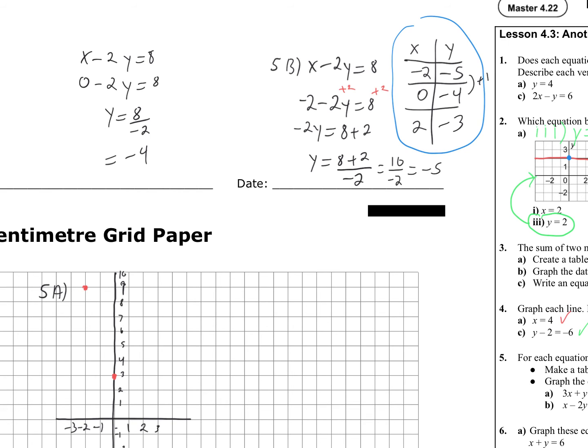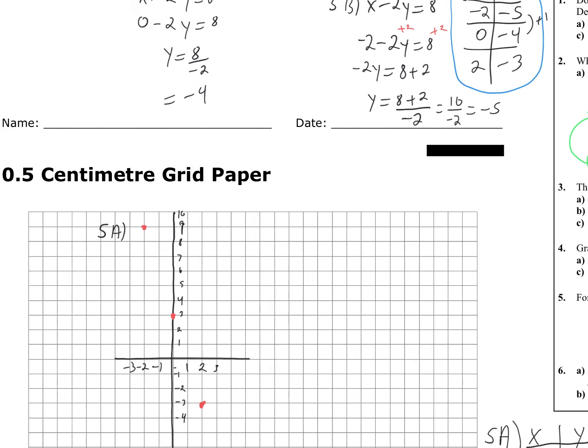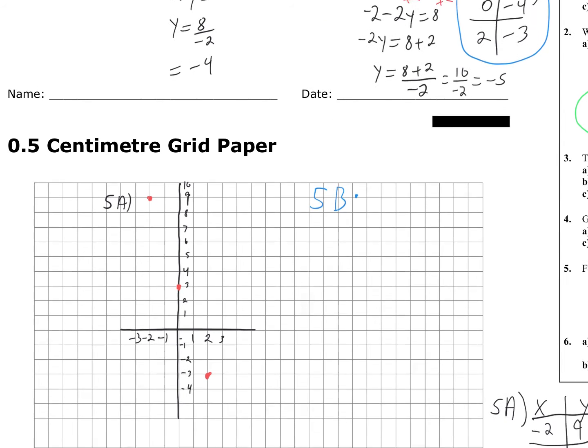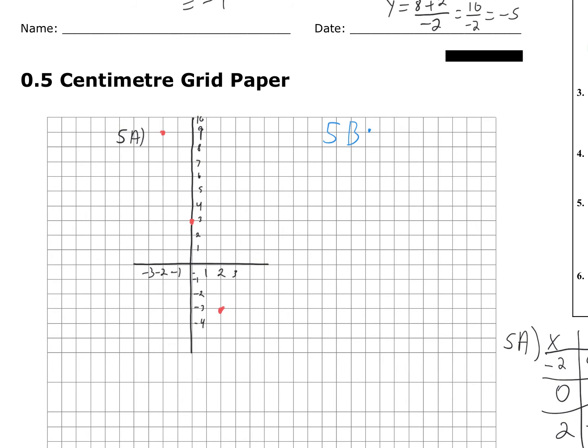And I might as well graph them down here in blue. So now 5b is going to be in blue. The first point I have is -2, -5. So on my graph over here, I can say this here is a -5.